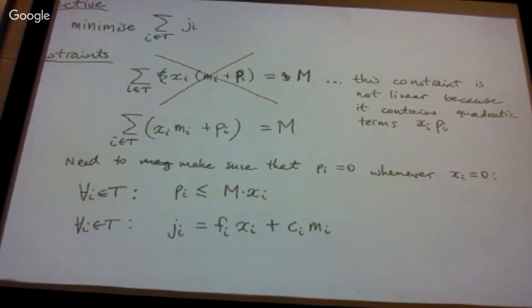Cost of one minute times how many minutes we're taking of the non-free ones. Fixed charge, 0 or 1, whether we're taking the fixed charge or not.